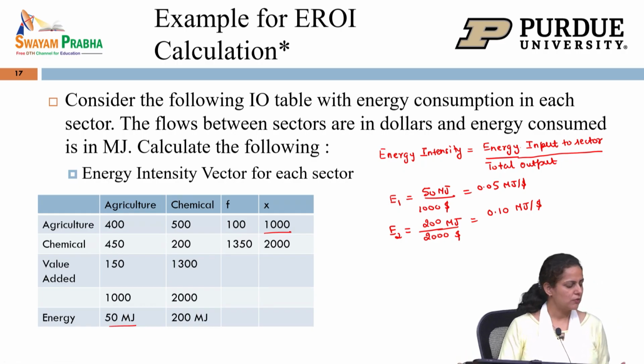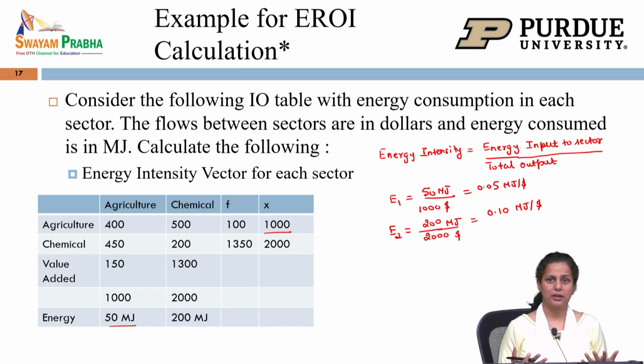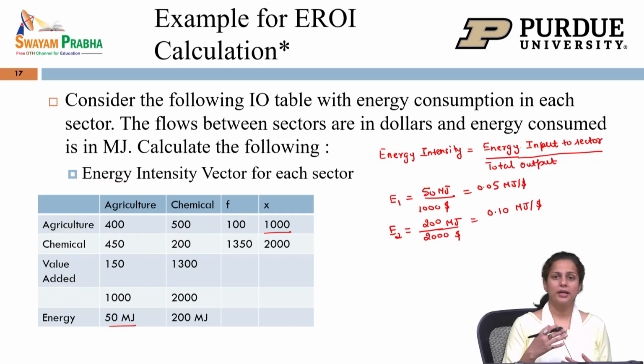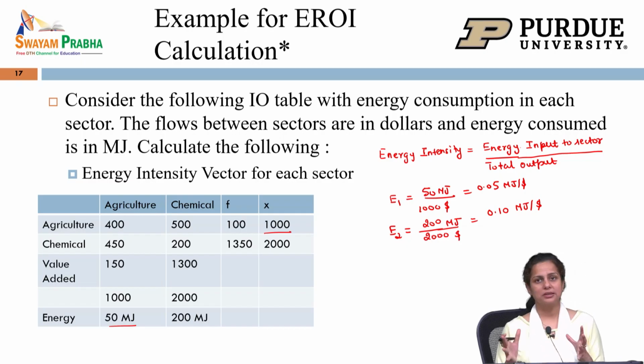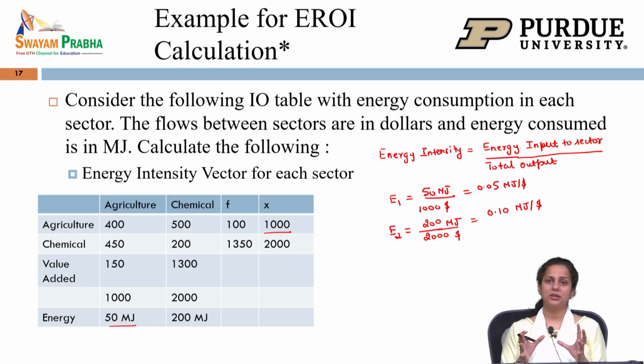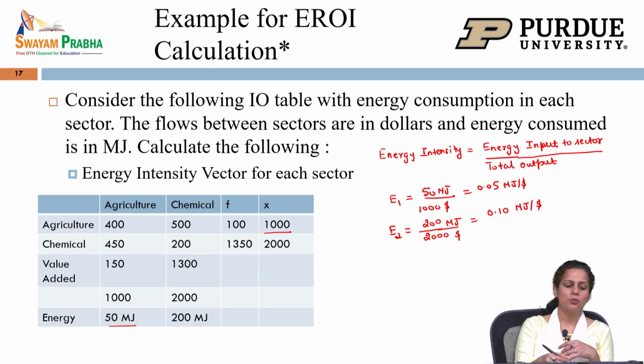So now we have the energy intensity. If you remember our life cycle calculation, we can now use these energy intensities to calculate the total life cycle energy consumption, which is used in processing for any final demand. When we say this is the energy intensity, it means we are fixing the energy intensity: if we have to make a product, let us say an agriculture product or chemical product, then sector 1, the agriculture sector, will consume about 0.05 megajoule of energy per dollar of output.